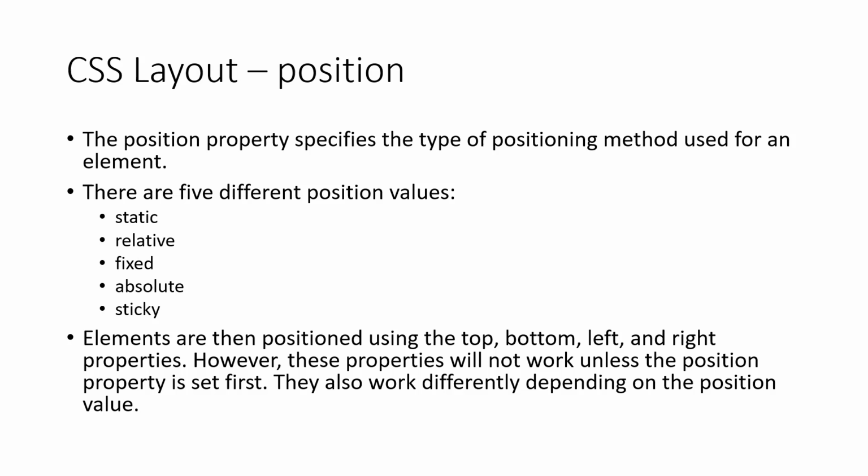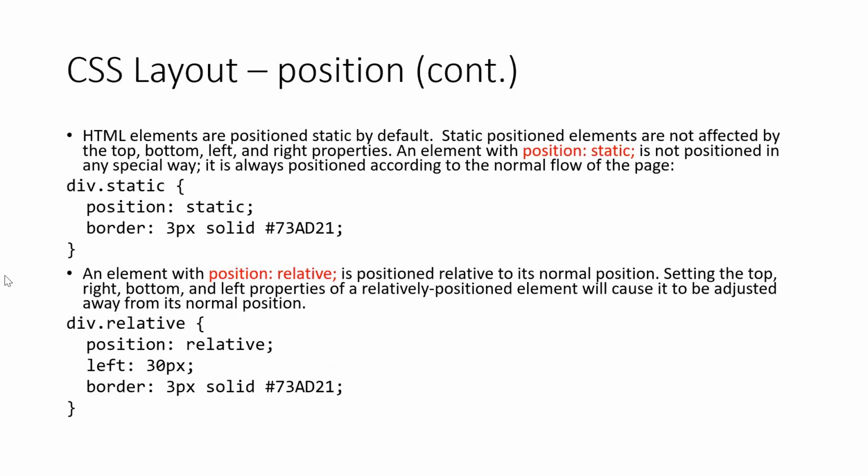For example, when you want to position using these values, you can use top, bottom, left, and right. So the first thing is we have to first set up the position property, and then it depends on the position value, right?